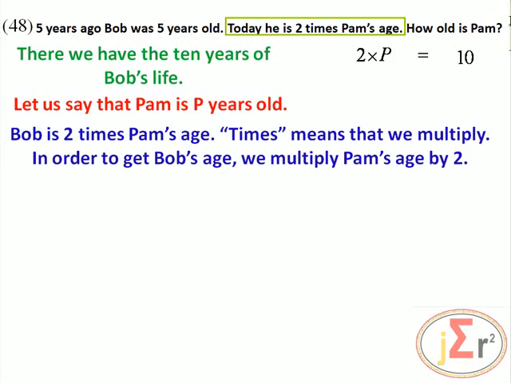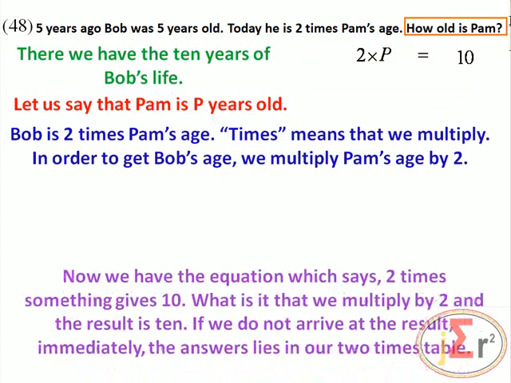So 2 times Pam's age is equal to Bob's age. So 2 times Pam's age must be 10. 2 multiplied by what number gives you 10, Jerry? 5. It's as easy as that. Pam is therefore how old? 5 years old. Correct.